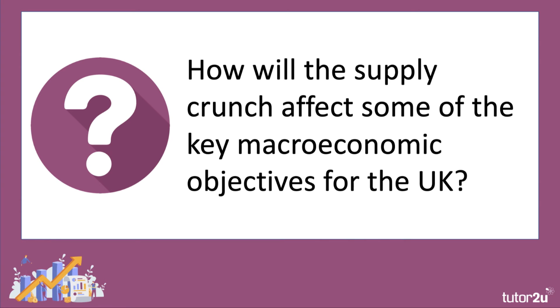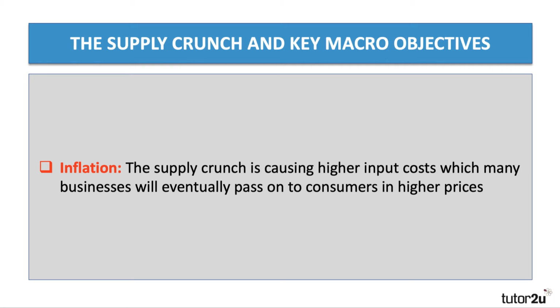So how will the supply crunch affect some of the key macroeconomic objectives for the UK? To what extent is this issue going to hold back the recovery from the pandemic? Well, I guess the most obvious point to make is that it's likely to, and is probably already leading to, an increase in inflation.